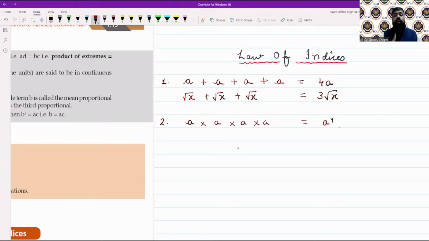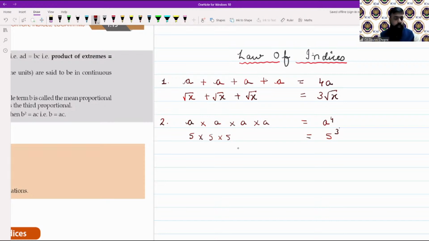Whenever a number is coming n number of times, we can write that number with the power of n. Similarly, if we are multiplying 5 into 5 into 5, it can be written as 5 cube, because we are multiplying 5 3 times.